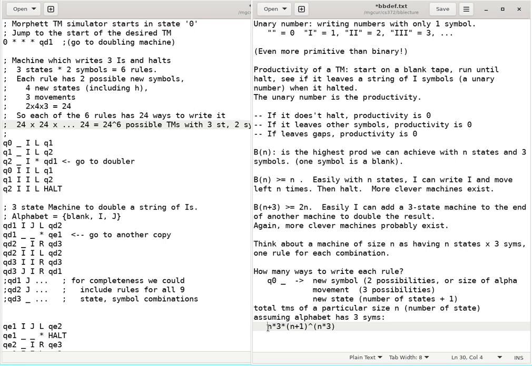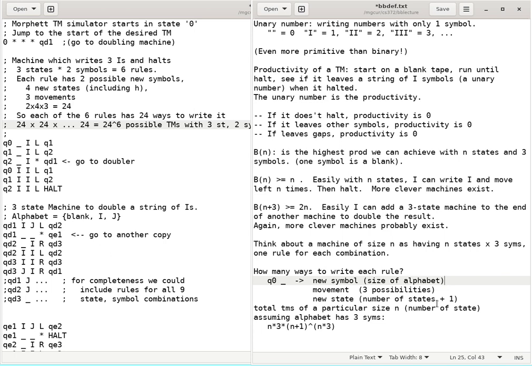So that is new states, new symbols, and head movement. Okay, let's get that, the size of the alphabet. Okay, so there's that many Turing machines.